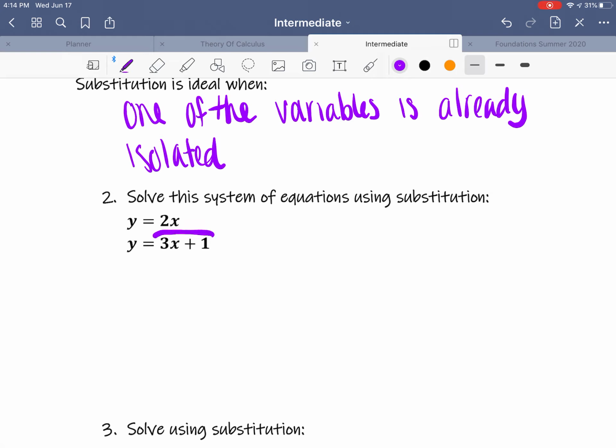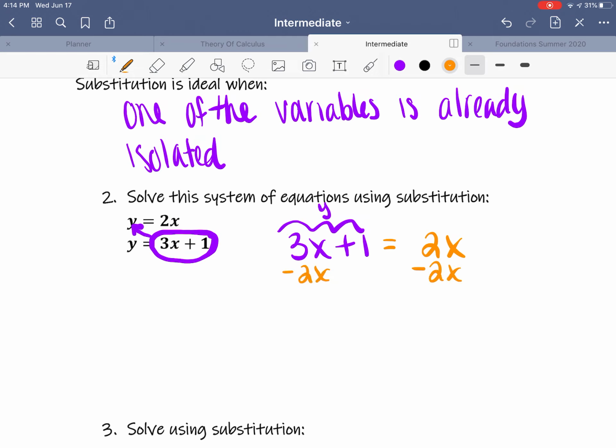So what I'm saying here is I can take this expression and sub it in for that y, because y equals 3x plus 1. So I can say 3x plus 1 equals 2x. This was y. I'm just subbing it in. And then you can solve it.